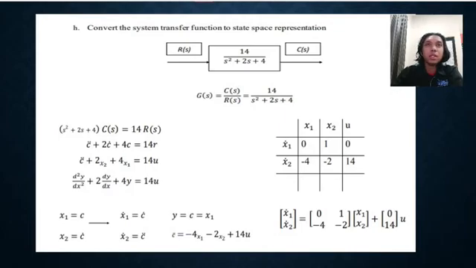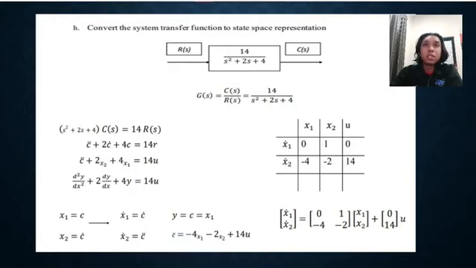It will be s squared plus 2s plus 4 times C(s) equals 14 R(s). Then s squared will be turned into c double dot, 2s will be turned into 2c dot, the 4 will be turned into 4c, and the 14 R(s) will be turned into 14r.